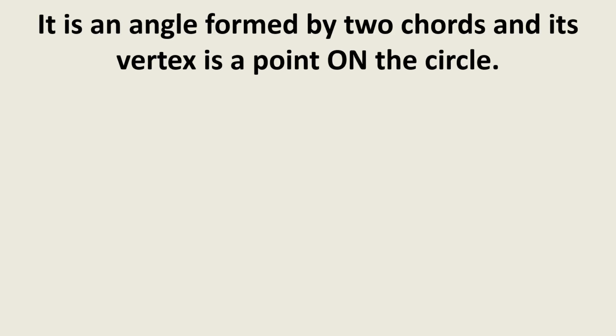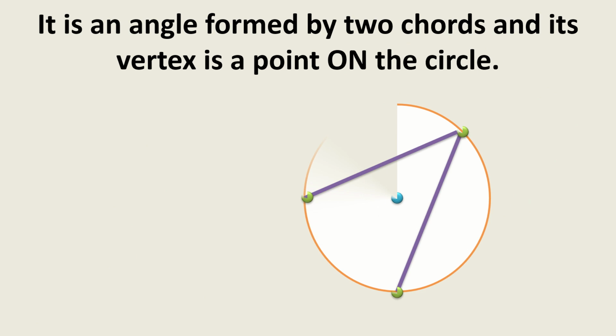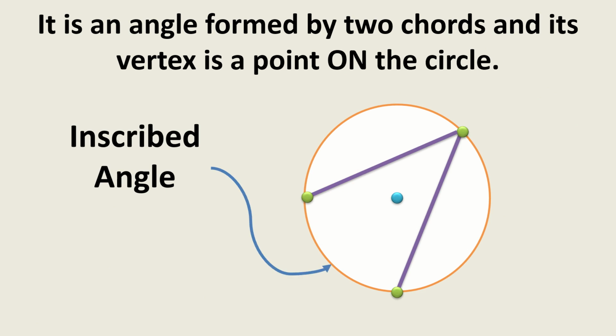Next po, we have the inscribed angle. So, ano naman si inscribed angle? So, inscribed angle is an angle formed by two chords of the circle and its vertex is a point on the circle. So, take note of the preposition na on. Ano po ba ibig sabihin kapag on?